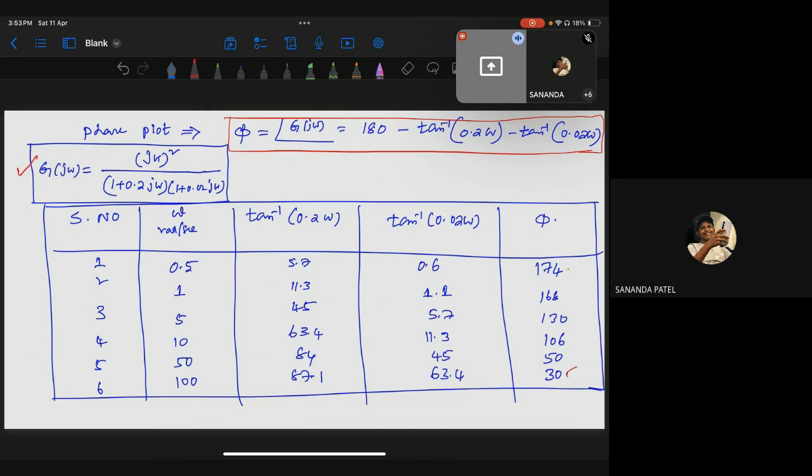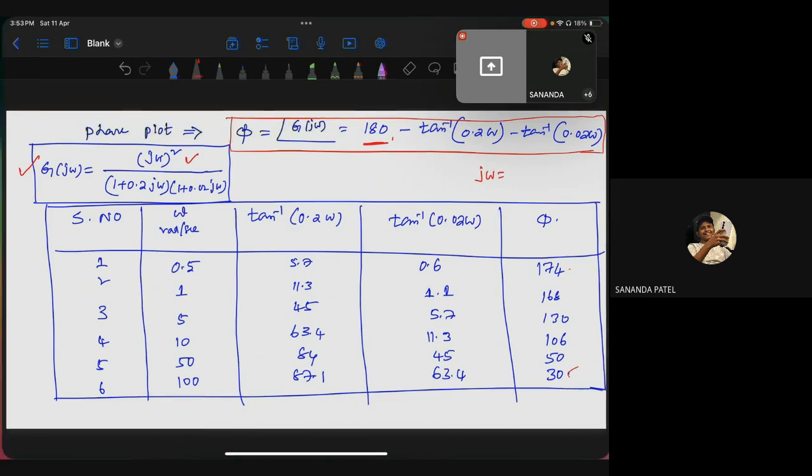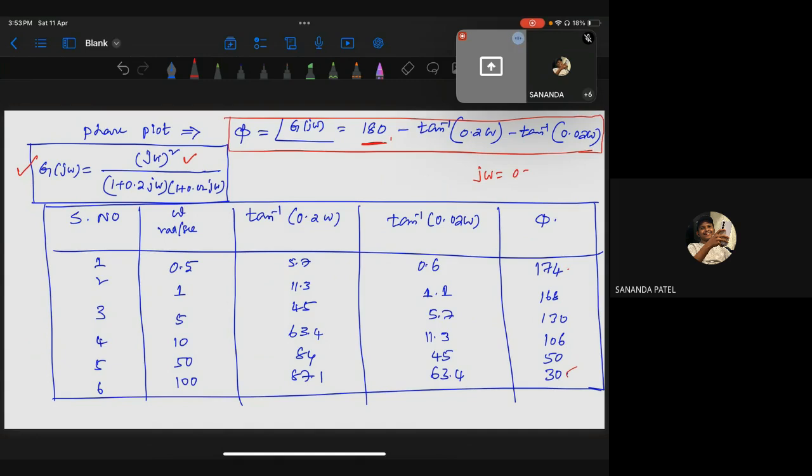So that can be written as, this one is related to 180. What is the angle for j omega? J omega is written as 0 plus j omega. Correct? So this is like a plus jb. What is theta? Tan inverse b by a.